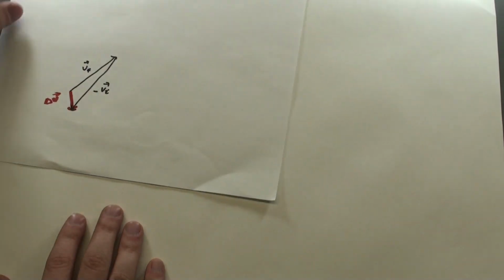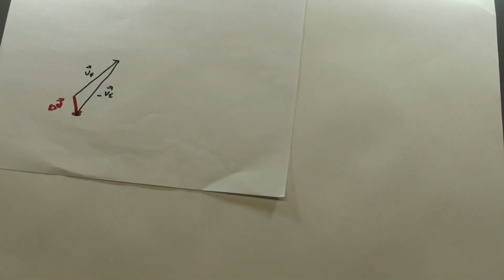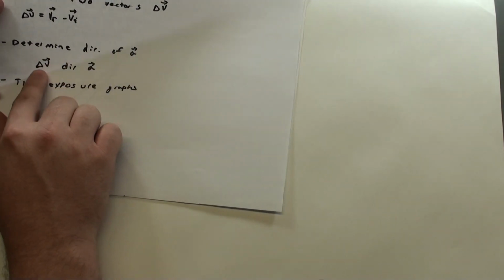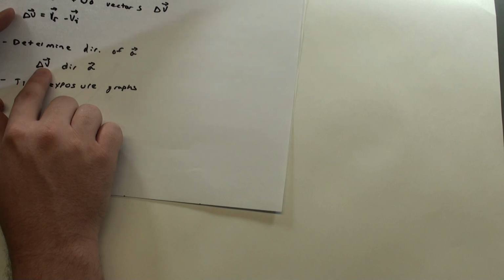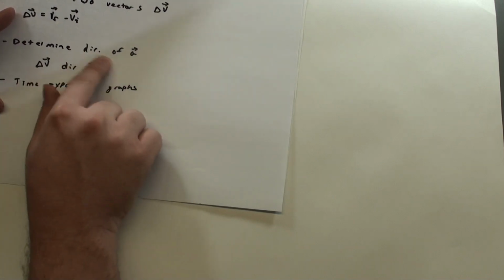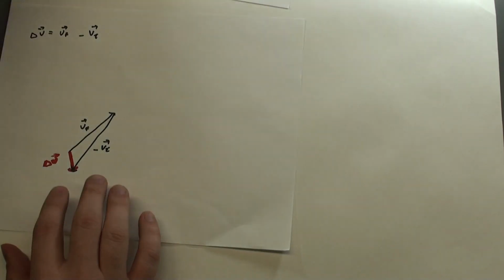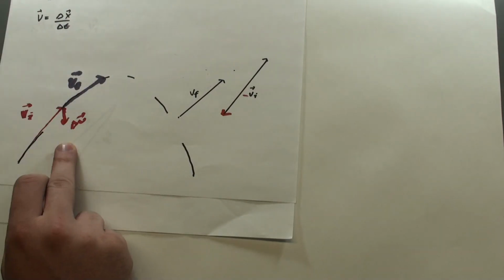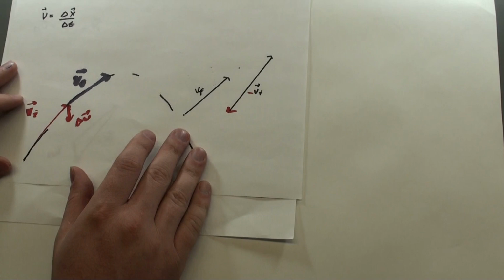Now, one of the things that we wanted to do was determine the direction of acceleration based on our change in velocity. But we also stated that the change in velocity is going to be the same direction as our acceleration, and that's exactly what we see. We have a change in velocity that points downwards pretty much, and that's what we expect.